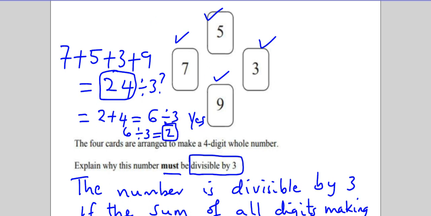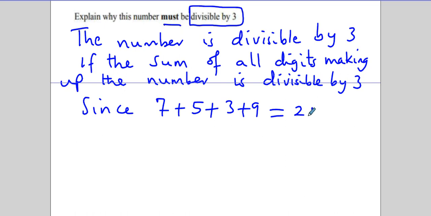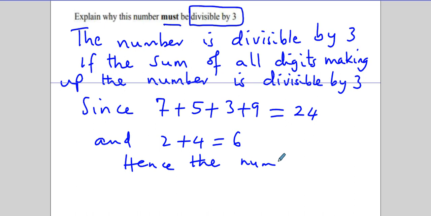See that? So we say the number is divisible by 3 if the sum of all the digits making up the number is divisible by 3. So since 7 plus 5 plus 3 plus 9 equals 24, and 2 plus 4 equals 6, hence the number must be divisible by 3.